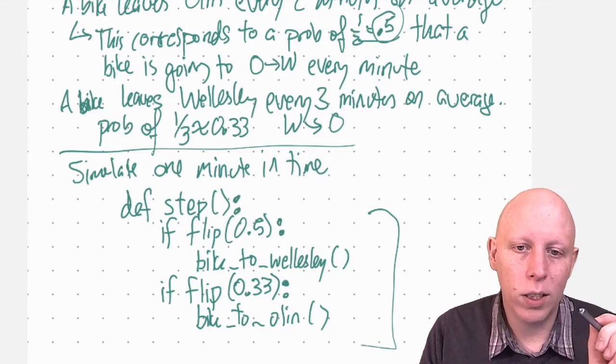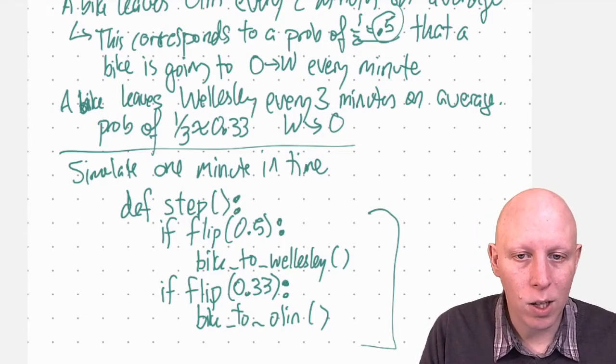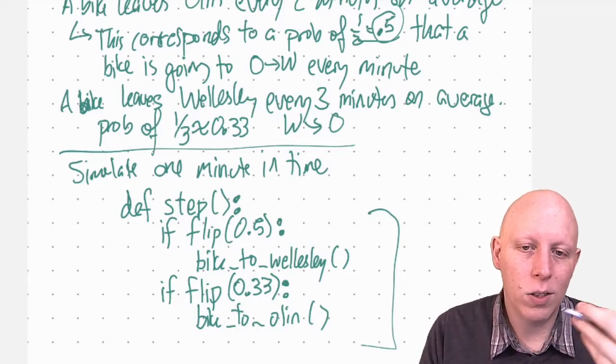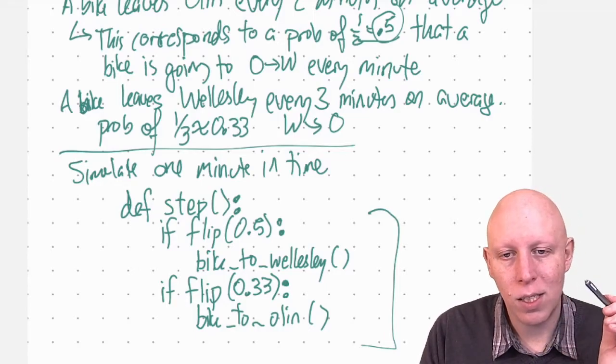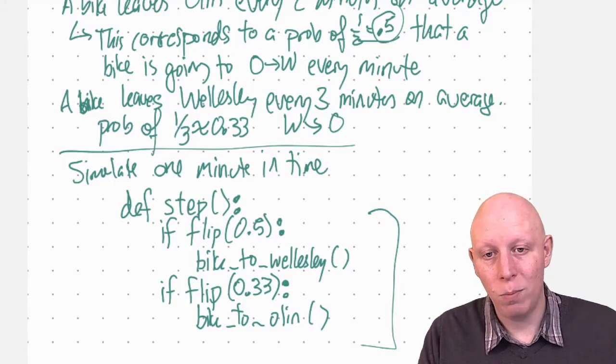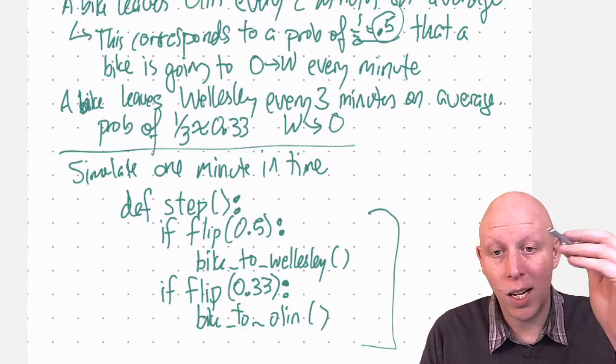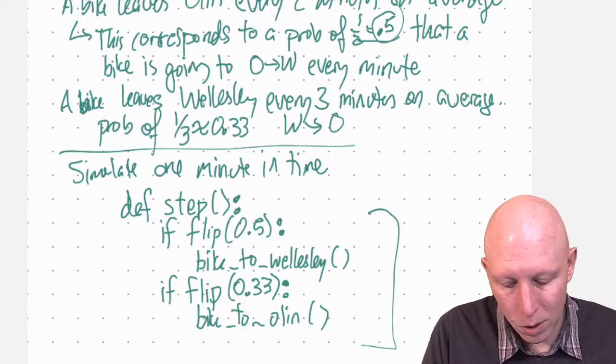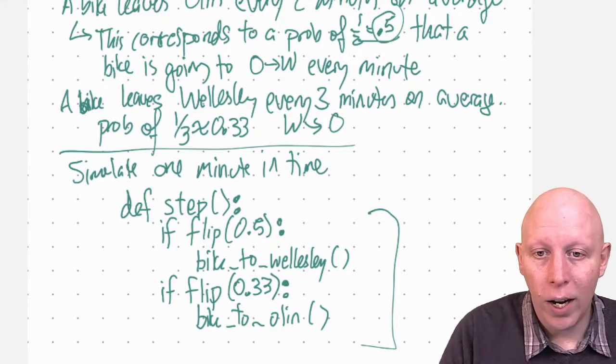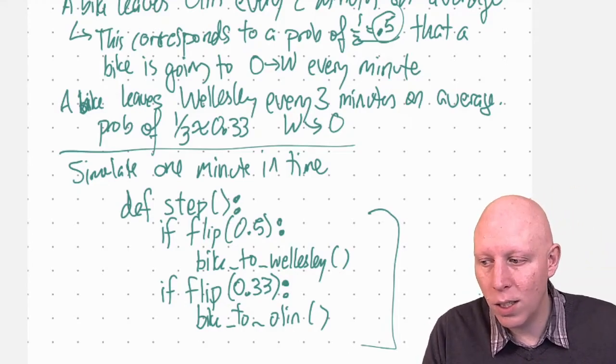What step is going to do is all of these things. When I think of step, I think of it simulating 1 minute in time. It's one step in the simulation. Okay, so that's what the step function is.